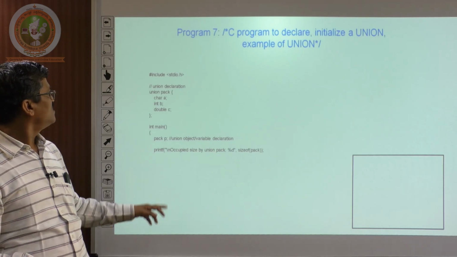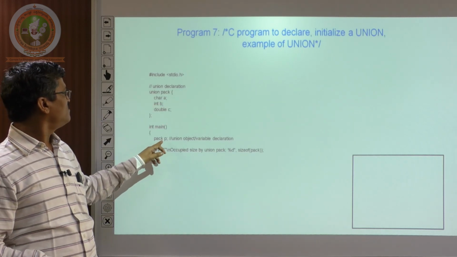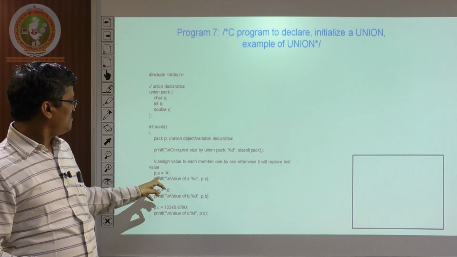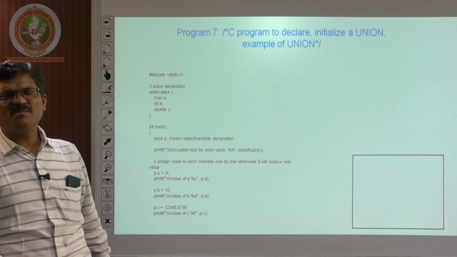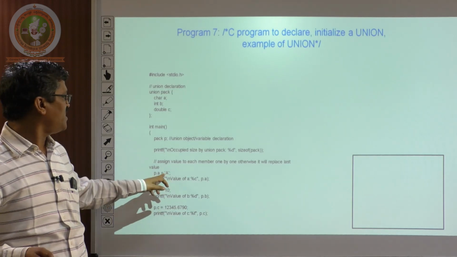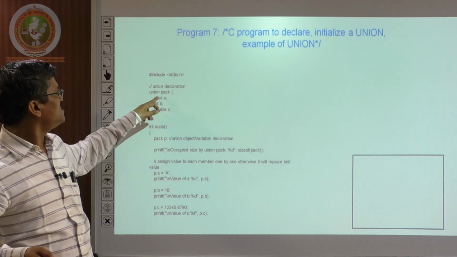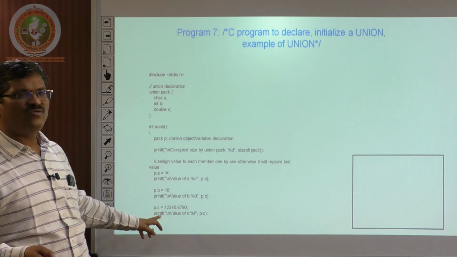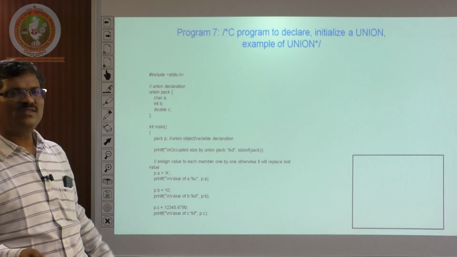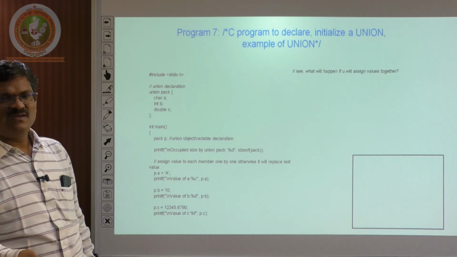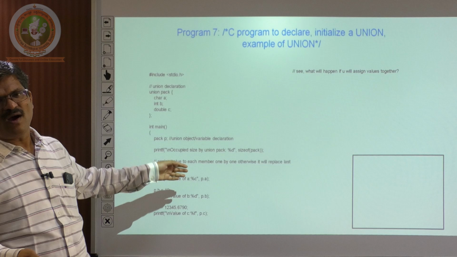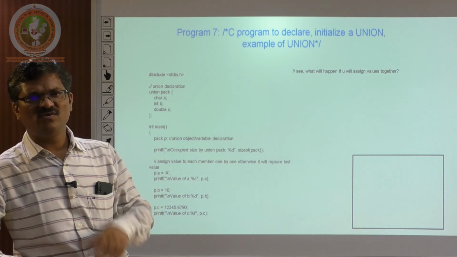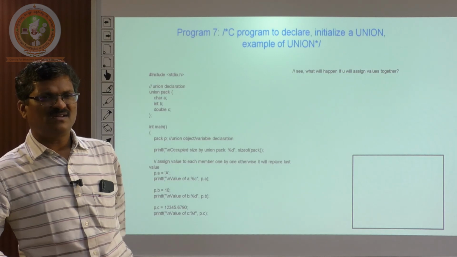We assign each of the members individually and would like to see the values P dot A. Since it is a character, I can assign this value and see what it would be. B, check out what the value will be, C, check out what the value will be, right. So, assign the value and display it. No problem, whatever values we have defined, we will be able to see them, right.